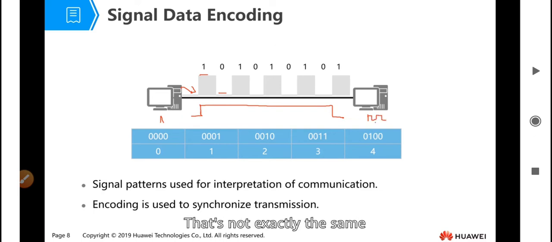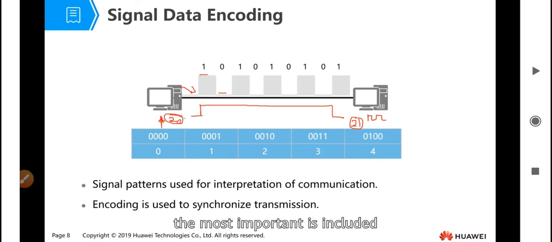So if there's a series of ones, for example sending 20 ones, then when counting, the receiver maybe makes a mistake. For example, counting 21 ones, so there's a mistake. So there are some improvements of this encoding system.